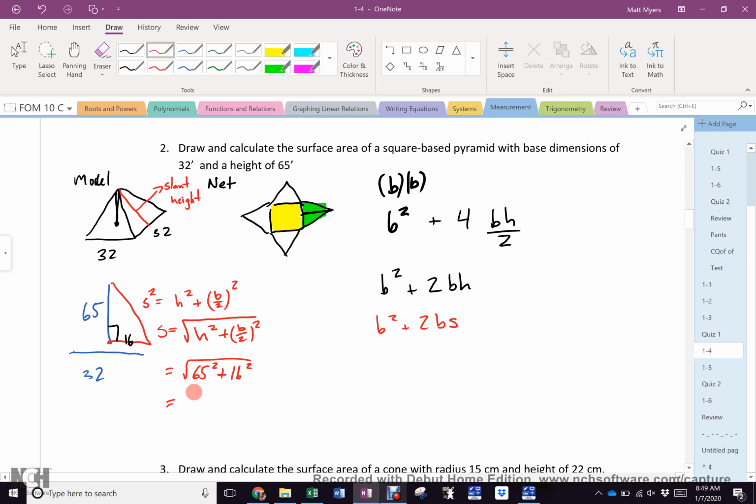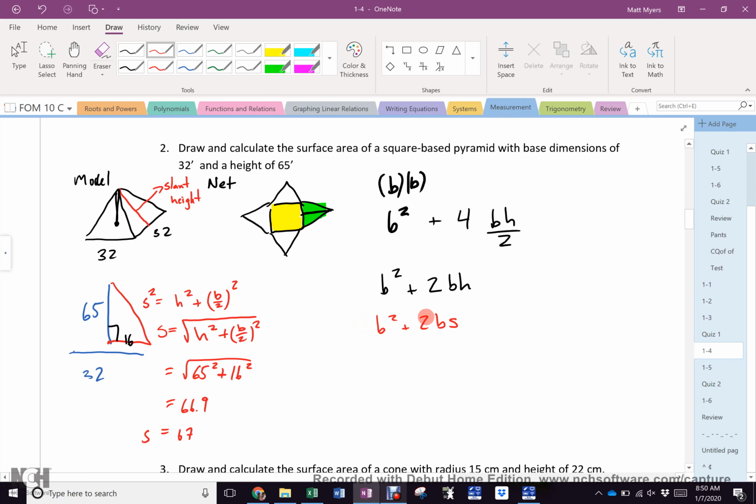And what do you get? 66.9, right? Which, for our purposes, what are we going to make that? 67. S equals 67. Now, can I do the surface area?